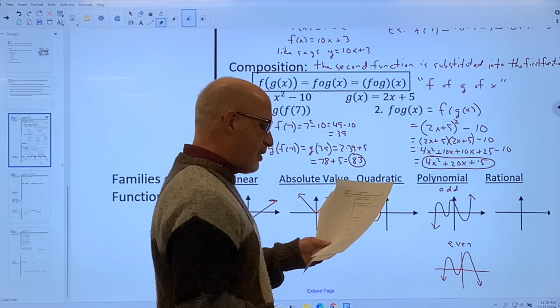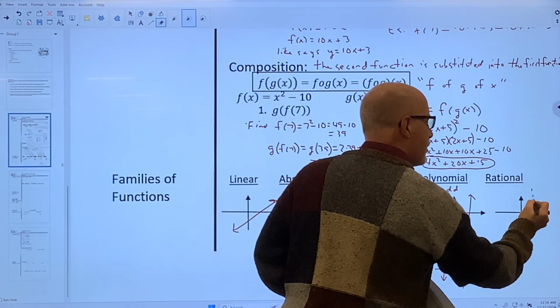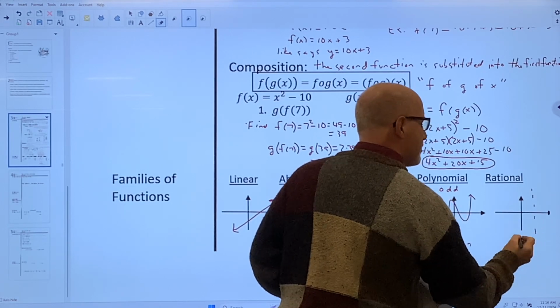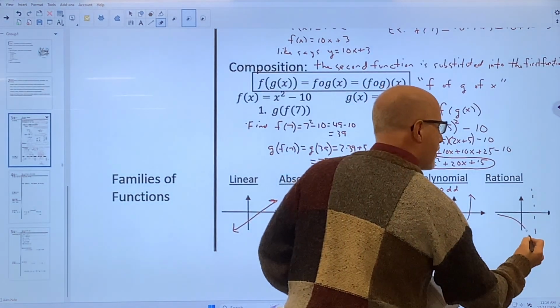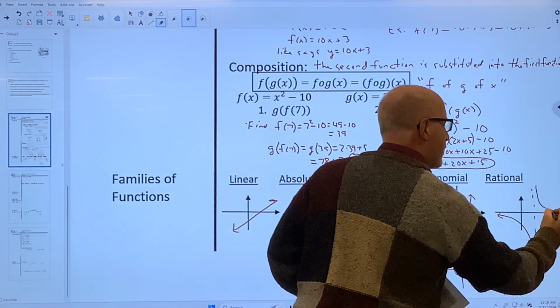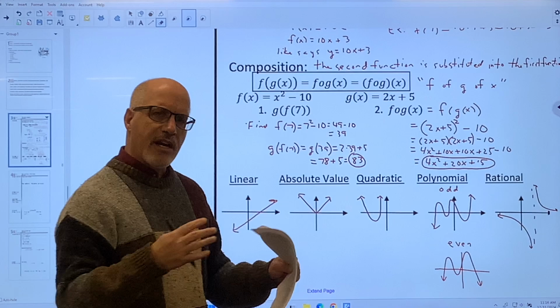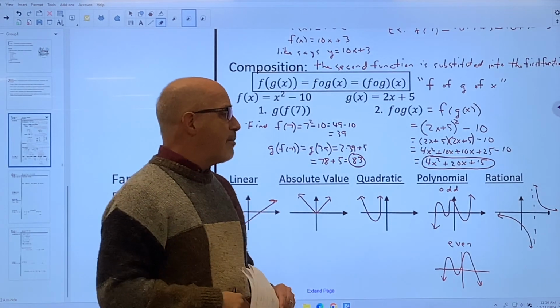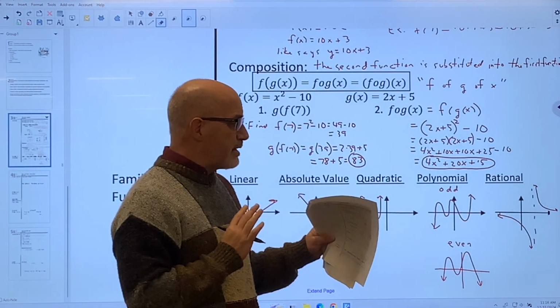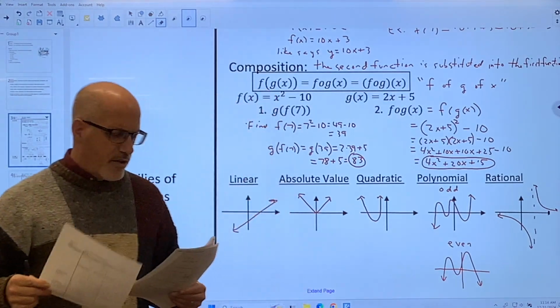And then lastly, the rational ones. Again, there are many forms of this, but usually we look at some type of asymptote, and we have the graph looking like a type of hyperbola in 2 of the different quadrants. Sometimes it's in different areas, maybe 3 or 4, but it gives sometimes asymptotes, sometimes open or closed dots as part of the graphs.